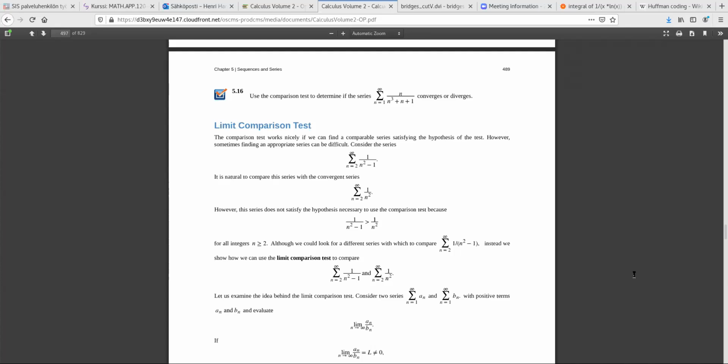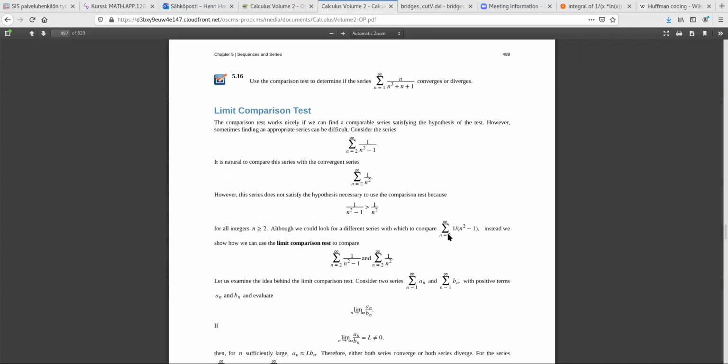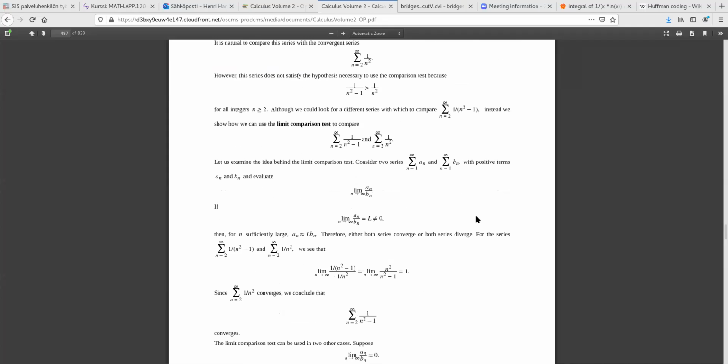And if we look at the limit of the ratio of AN and BN, and that ratio approaches some limit that is not 0, then for sufficiently large n, AN is roughly that ratio times BN.